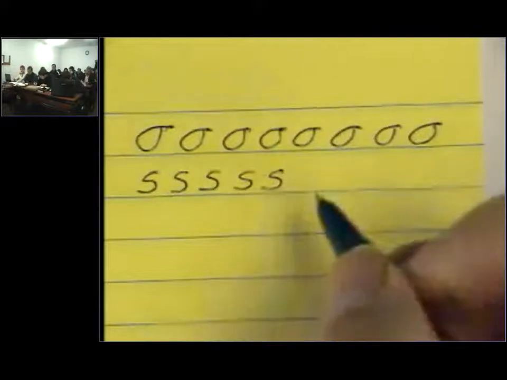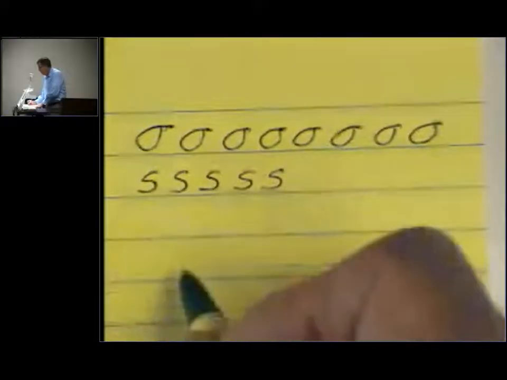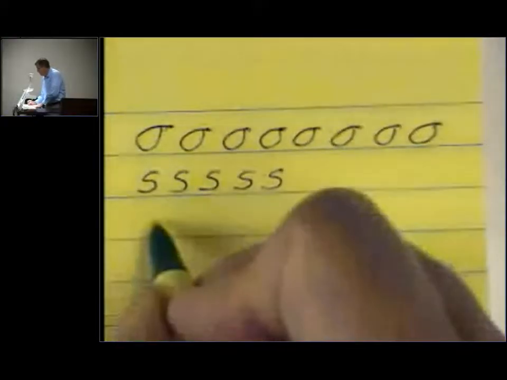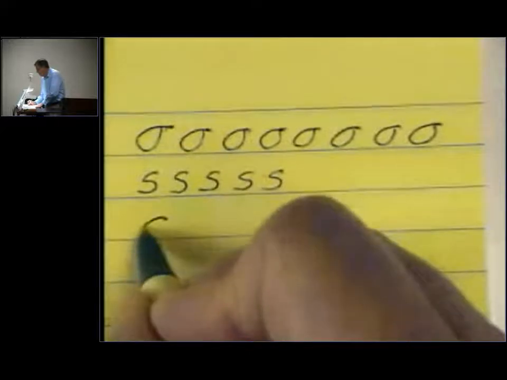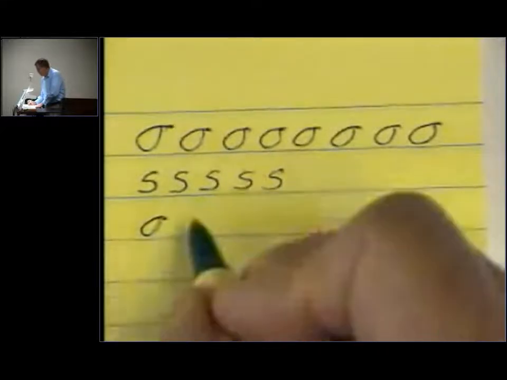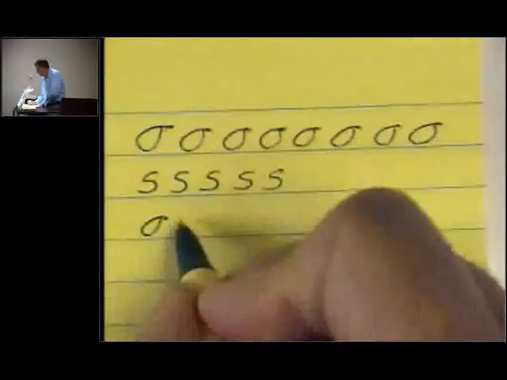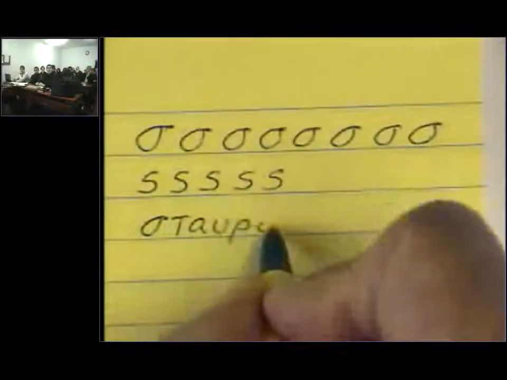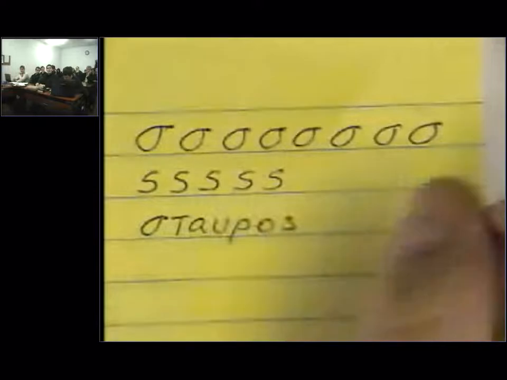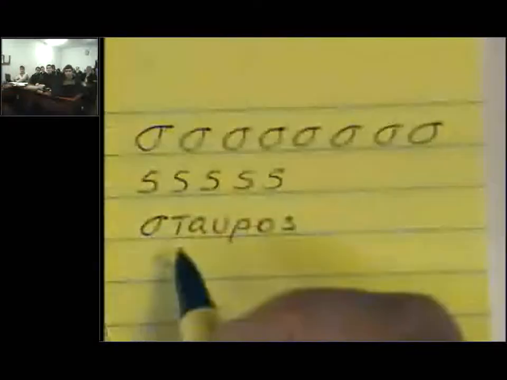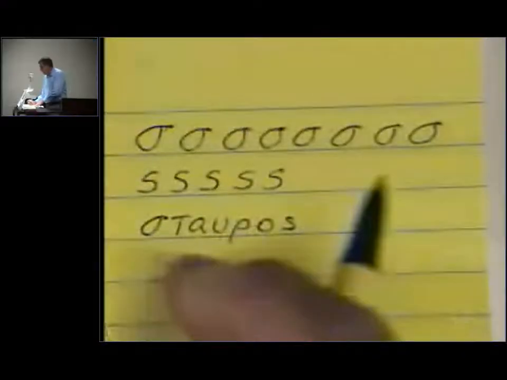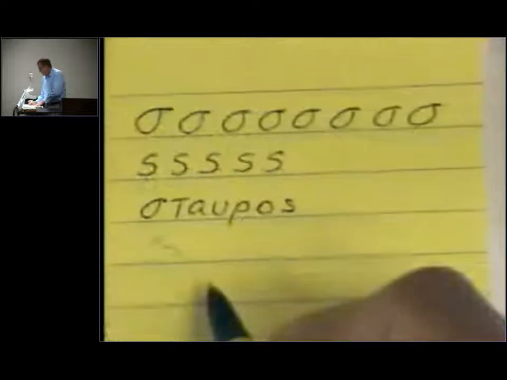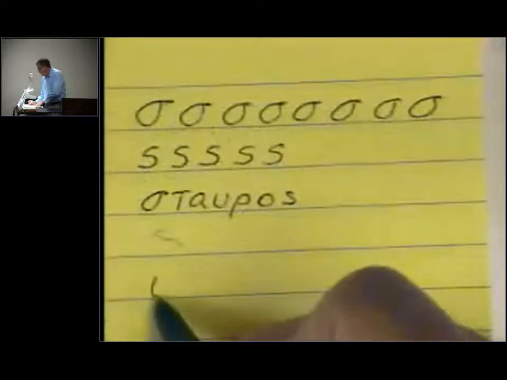All right, now, for example, this is the word for cross, like the cross of Jesus. I haven't taught you the upsilon yet, but this is a curve. It's like ooh.